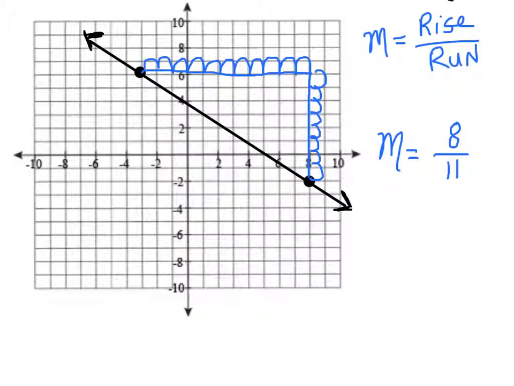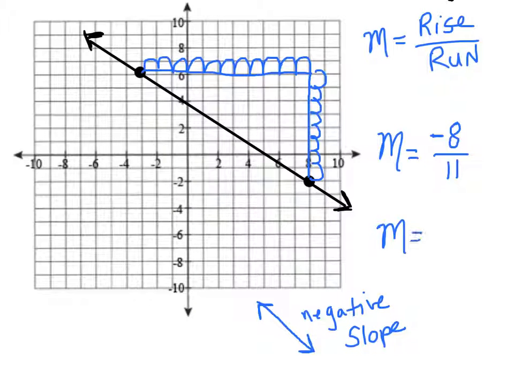Now, I'll notice that this is going in a different direction. I need to apply a sign, positive or negative, and I know that any line that goes down to the right has a negative slope. So this line has a negative slope. So I might say, since it cannot be reduced, 8 over 11, that the slope of this line is negative 8 elevenths.